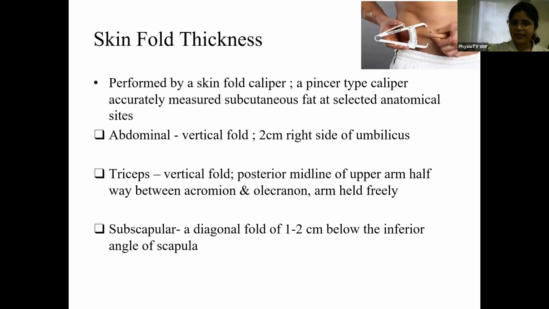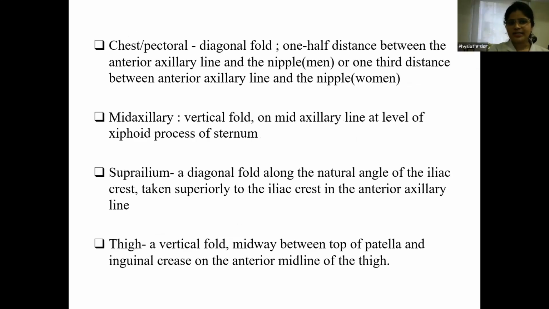For triceps, a vertical fold at the midline between the upper arm and halfway between the acromion and olecranon. For subscapular, a diagonal fold below the inferior angle of the scapula. For chest, a diagonal fold. For men, it is 1/2 distance between the anterior axillary line and the nipple, and for women, it is 1/3 distance.